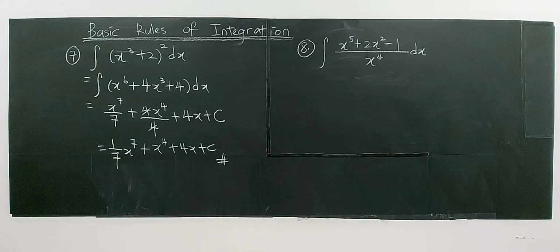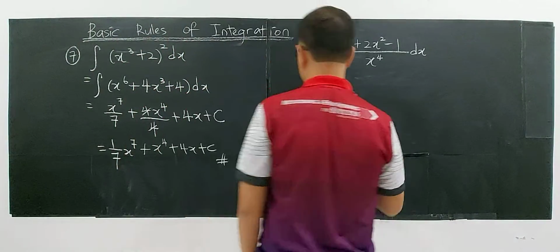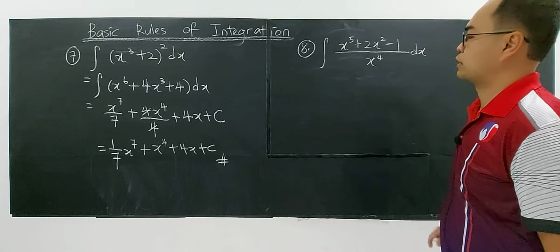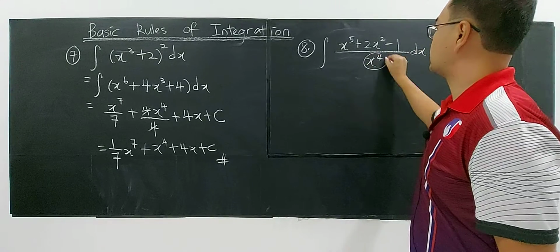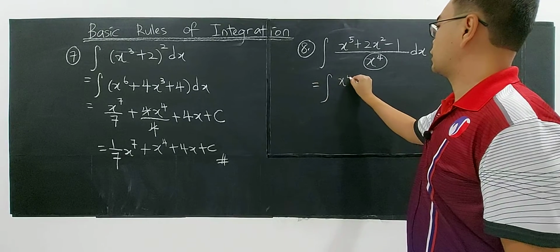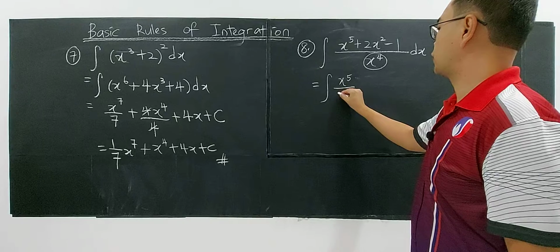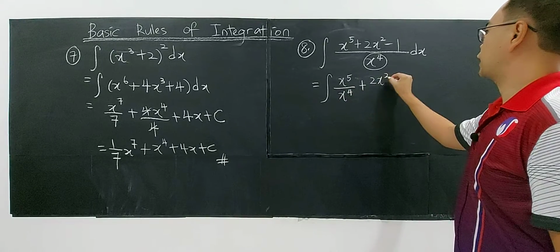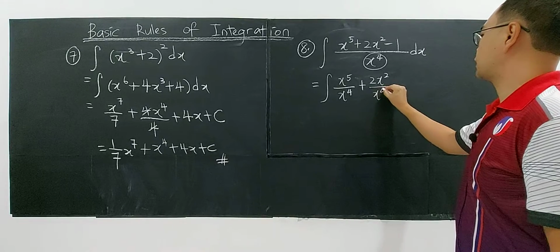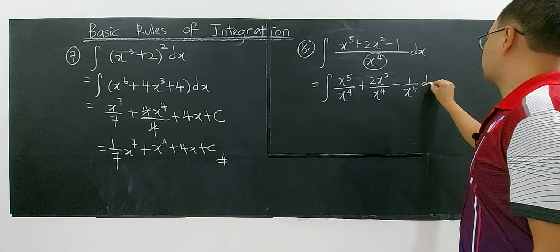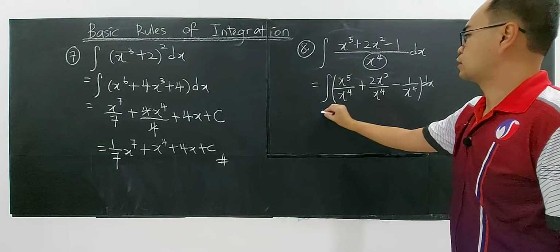As simple as that, right? Alright, question 8. You cannot integrate, you cannot apply the basic rule yet, because why? This is a division, right? A rational function. But this is only a single term. So you can divide each of the terms from the numerator by this x to the power of 4. x to the power of 5 plus 2x to the power of 2 divided by x to the power of 4 minus 1 over x to the power of 4 dx.